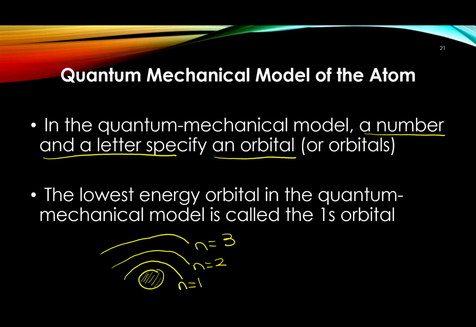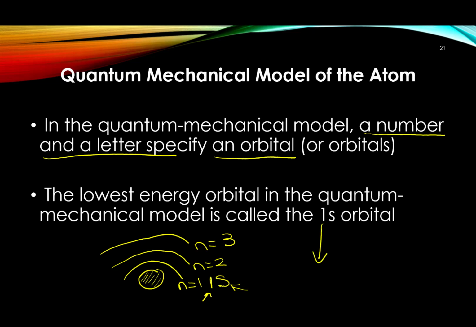That's energy level 1, energy level 2, energy level 3. The lowest energy level to the nucleus, remember, we call it energy level 1. And the orbital for it is s. 1s. Why is it 1? Because it's in energy level 1, where n is equal to 1. Why is it s? Because s is the only orbital that can be in energy level 1. Write down 1s.